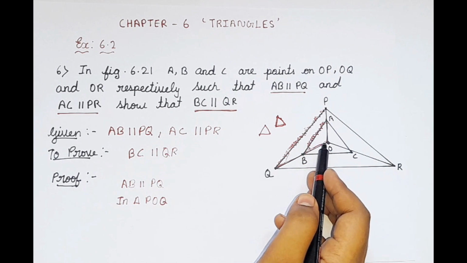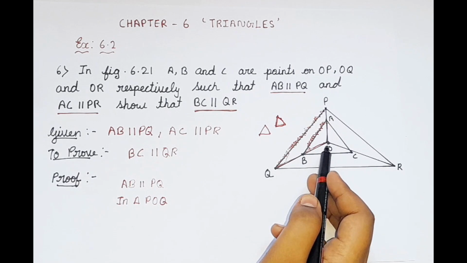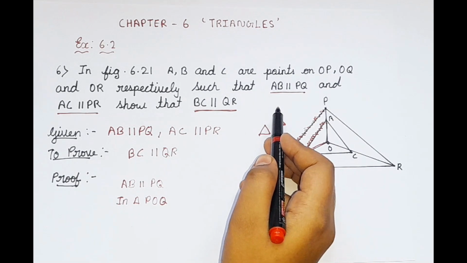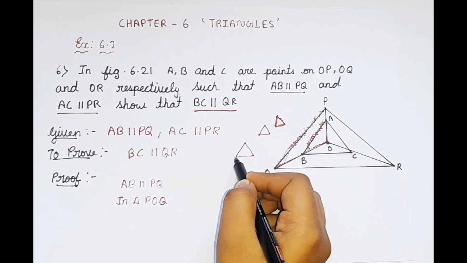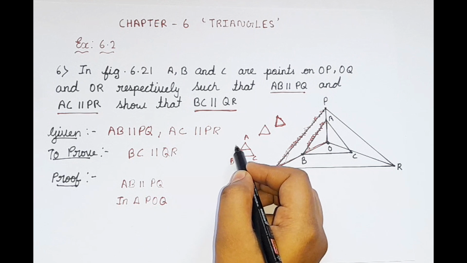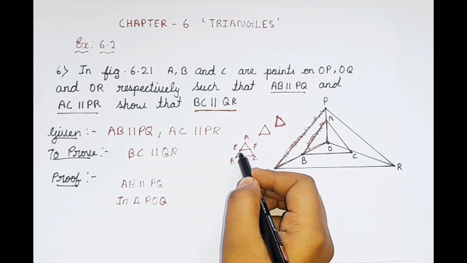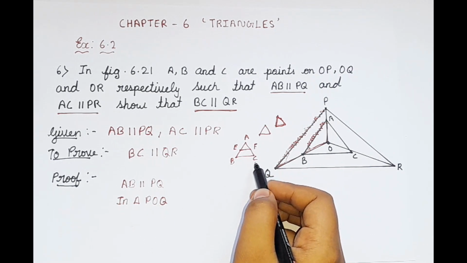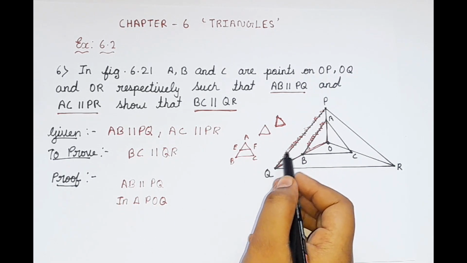Okay, so I know it's hard to understand, I'll just show you guys. So normally we used to take basic proportionality theorem like this, am I right? So for example, this is a triangle ABC and here we used to have parallel line EF. So we used to take AE by EB is equal to AF by FC. We used to take it like this, am I right? But here it is somewhat different.